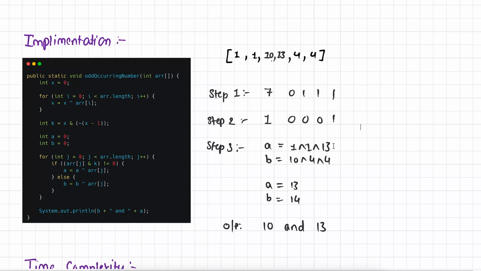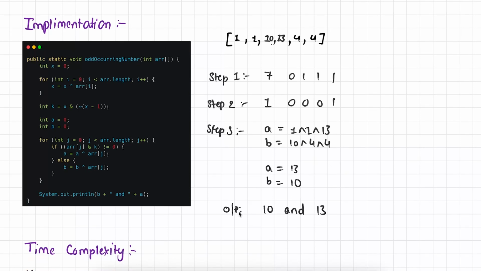In step 3, we are simply dividing our array into two groups. So in A, we are doing XOR of 1, 1 and 13, and in B, we are doing XOR of 10, 4 and 4. So after doing XOR of 1, 1 and 13, 13 gets stored in variable A and 10 gets stored in variable B. So we get output as 10 and 13. These are the two numbers that appear an odd number of times in the given array.